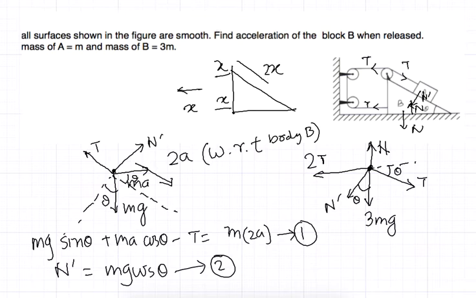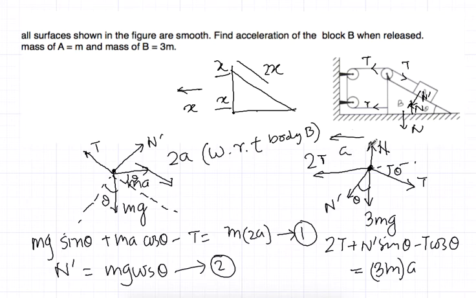So what we'll write: in this direction there is a 2T force, and in this direction 2T plus the component of N dash along this, 2T plus N dash sine theta minus T cos theta. Why minus T cos theta? Because it's acting in the opposite direction. Equal to 3m, that is the mass times acceleration, because this body is moving in this direction with acceleration a.